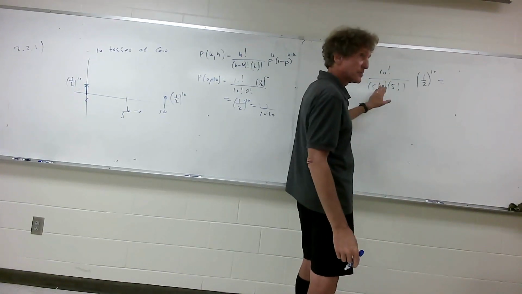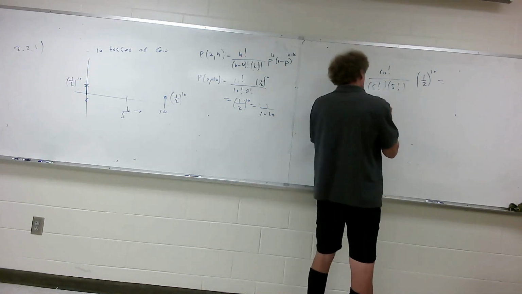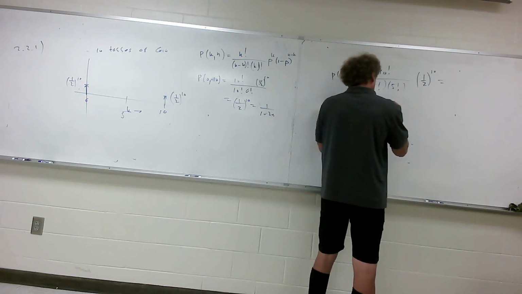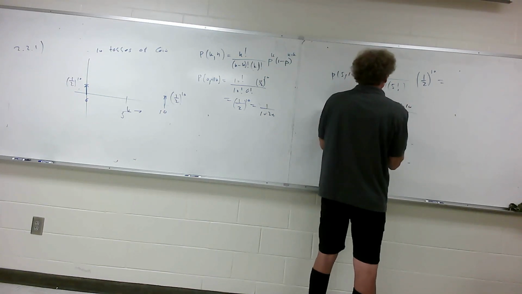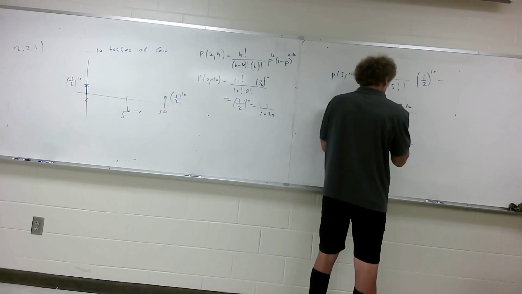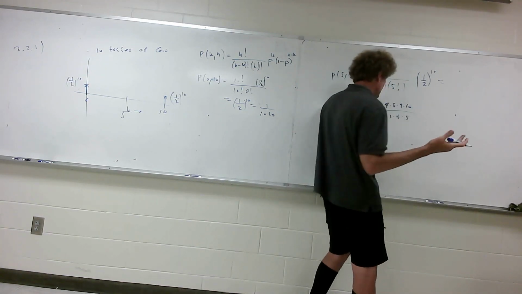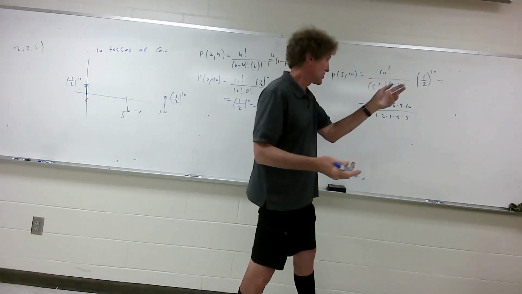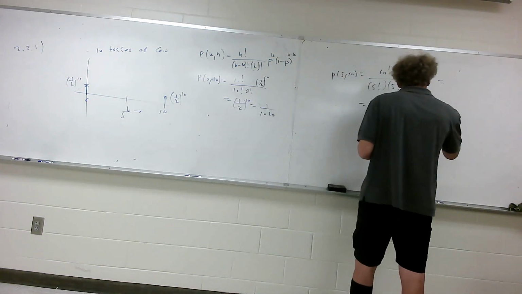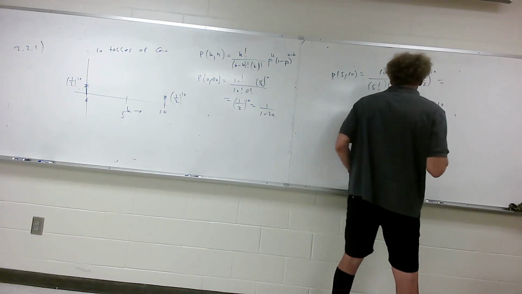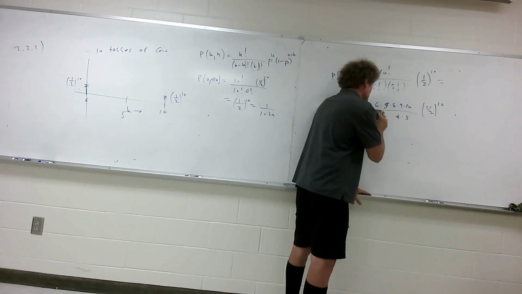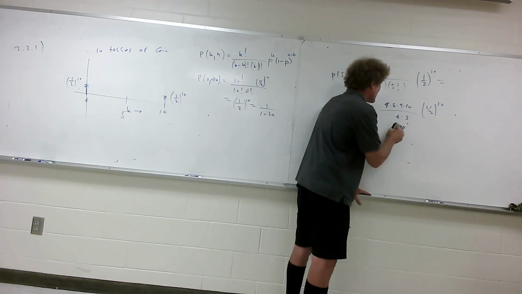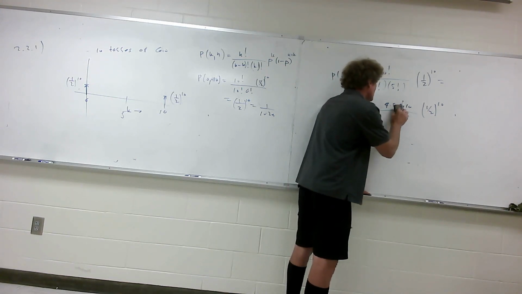That's 1 times 2 times 3 times 4 times 5, so here I have 6 times 7 times 8 times 9 times 10, over 5 factorial, that's 1 times 2 times 3 times 4 times 5. I'm just showing you one way to think about it. We do have this 1/2 to the 10th. Well, I can say I've got 2 times 3 is 6, get rid of that one. And then I have 4 and 8, so that's a 2.